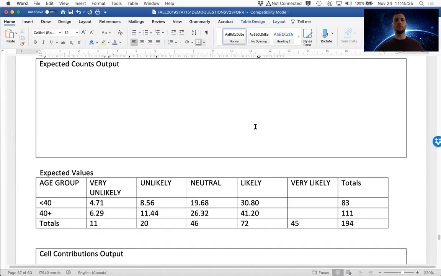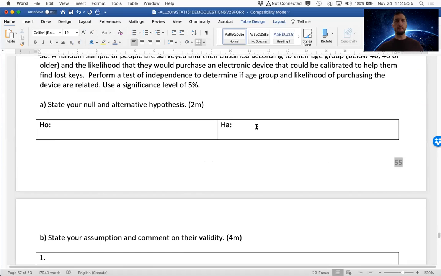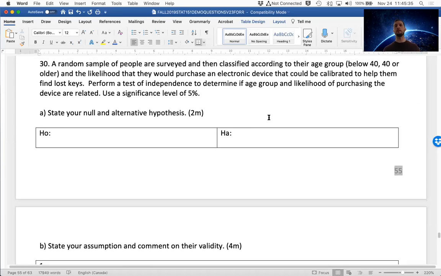Okay, so in 30, we have a random sample of people who are surveyed and then classified according to their age group. So we have 2 outcomes here, below 40 and 40 or older, and the likelihood that they would purchase an electronic device that could be calibrated to help them find lost keys. Perform a test of independence to determine if age group and likelihood of purchasing the devices are related.